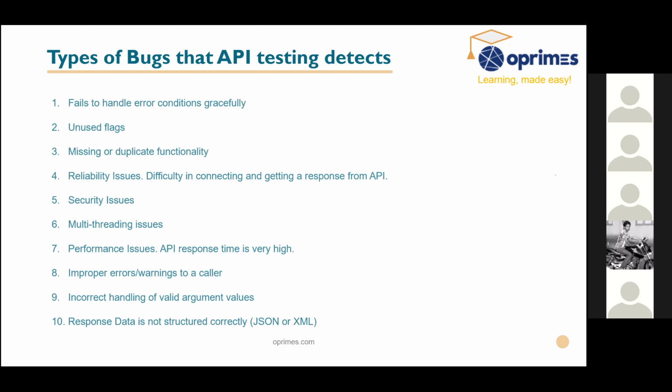And security issues we have already seen. We have seen what is get API and post API. Get API usually has query parameters, and you can see these query parameters in the URL. I hope everyone remembers this. But consider you are logging in, you are passing your email ID and password as query parameters, and you will be able to see the password in the URL, which is a security issue.